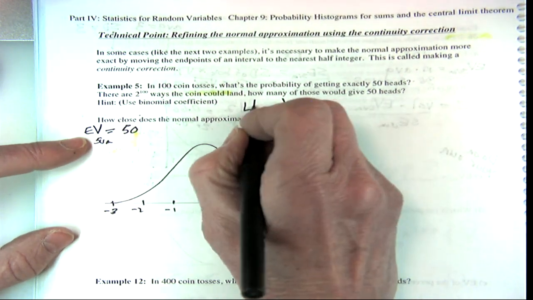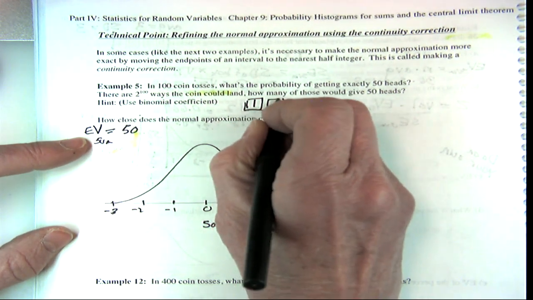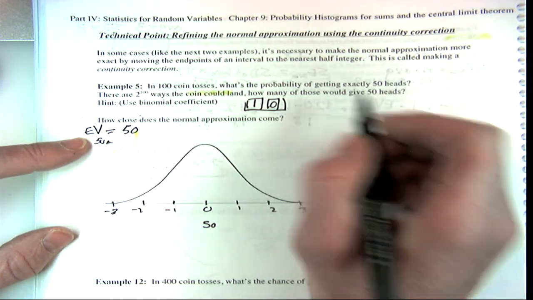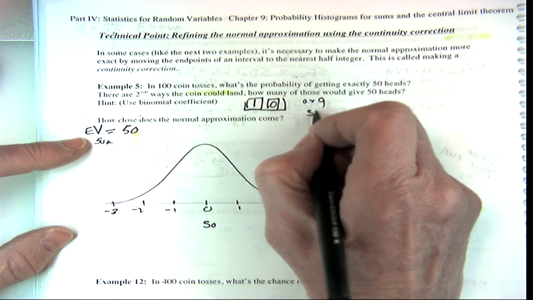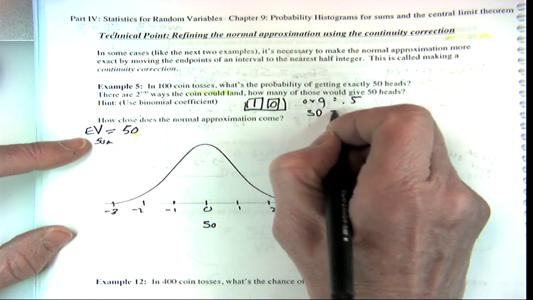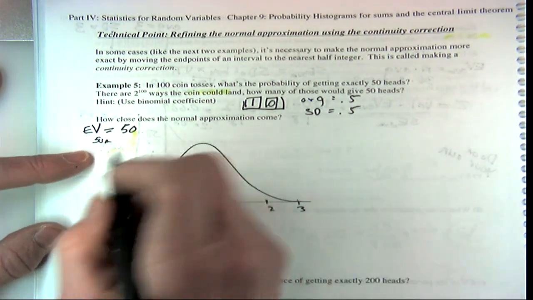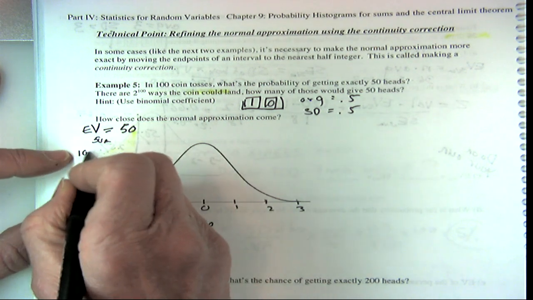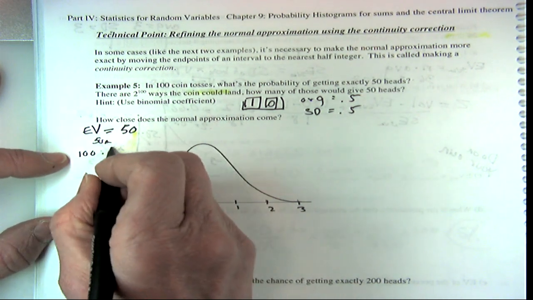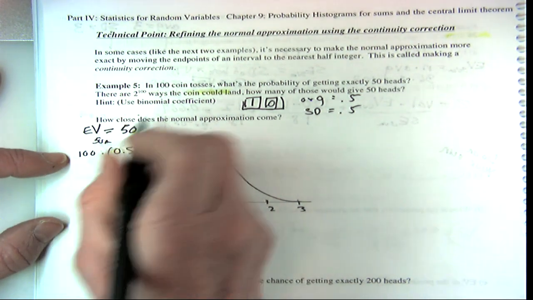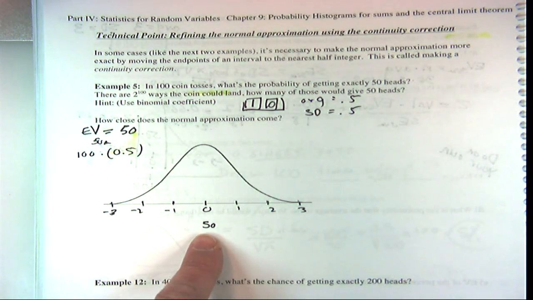Your box is just 1 and 0, so your average and your standard deviation are both 0.5. So this would just be 100 times 0.5, and it's 50. You knew that anyway. We have 100 coin tosses.